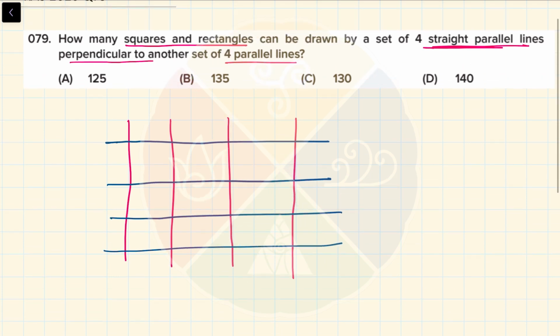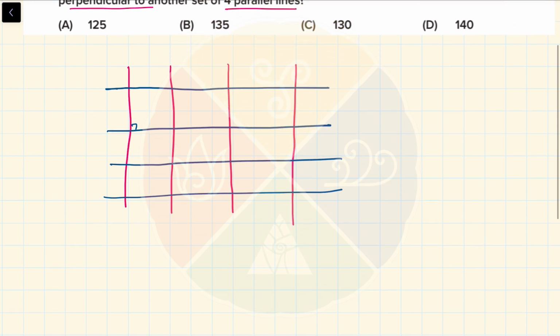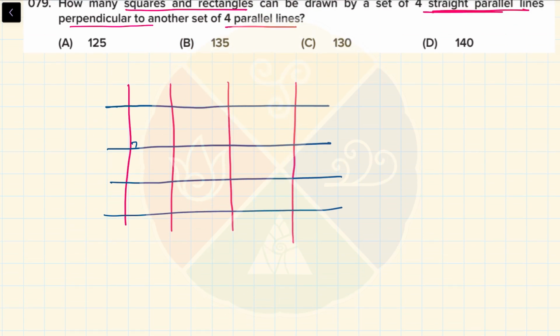Now we have to find how many squares and rectangles. Basically, since they are already at 90 degrees, we just have to find how many quadrilaterals we can form. The easiest way to solve this problem is, imagine I want to draw a rectangle or a square, a quadrilateral. What will I do? The only thing I have to do is select two of the parallel lines.